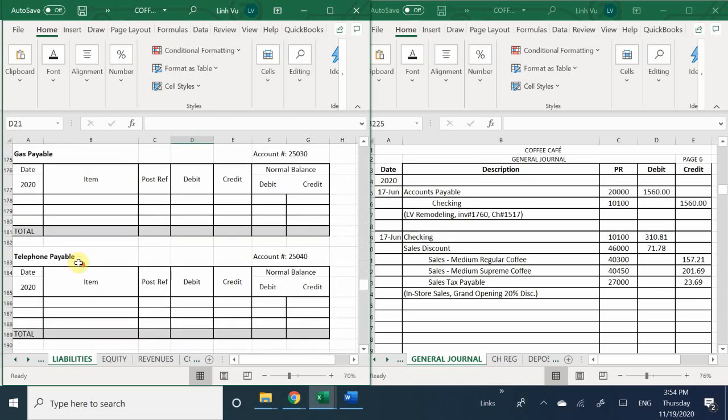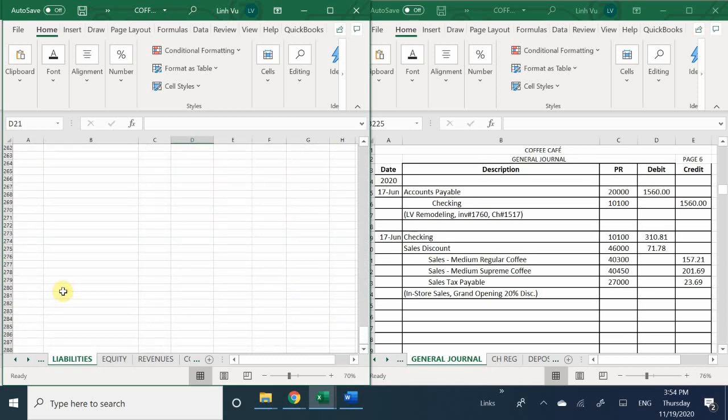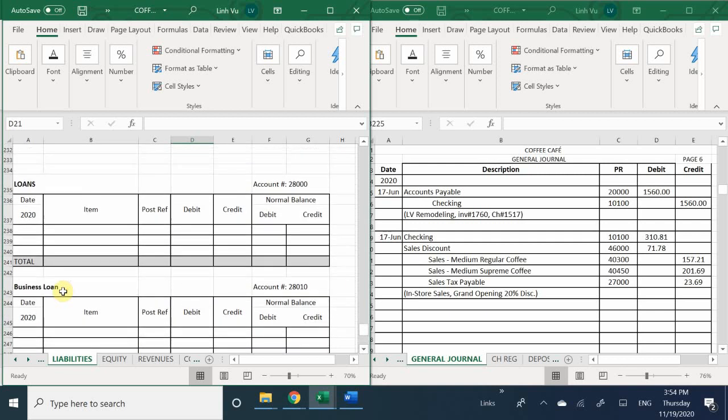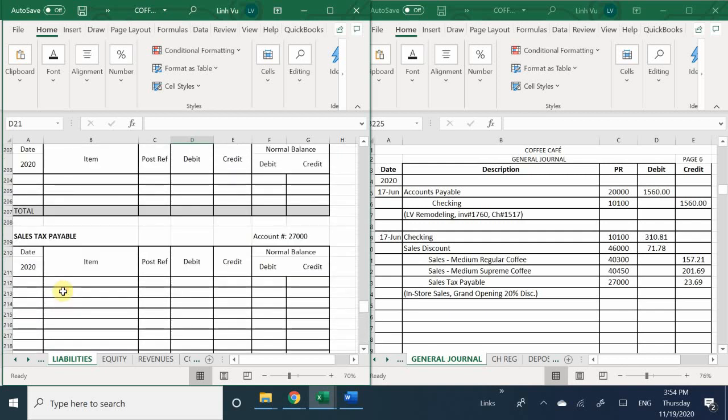Okay, so liability, sales tax. It should be one of the last few. Let's see, 27. Yep. 617.